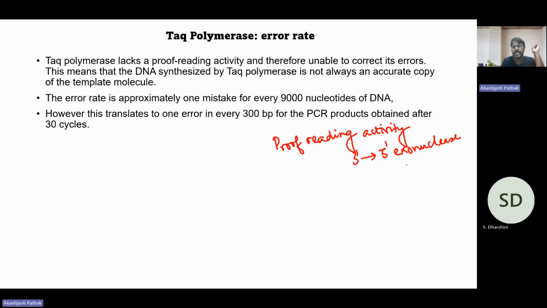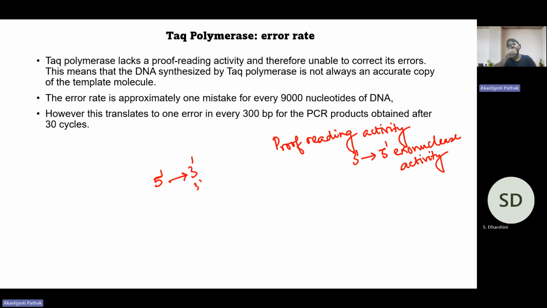So if any enzyme has this 3' to 5' exonuclease activity, then it is called the proofreading activity of the enzyme. So the polymerase enzyme synthesizes in the 5' to 3' direction, right? It synthesizes in the 5' to 3' direction, and it proofreads in the 3' to 5' direction.